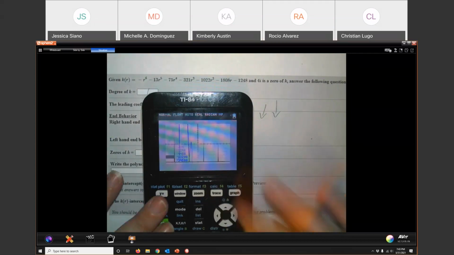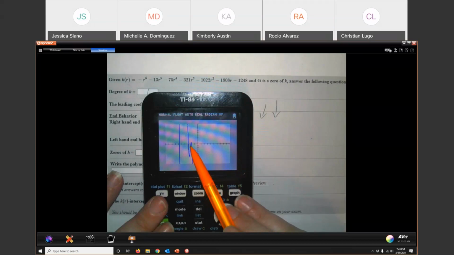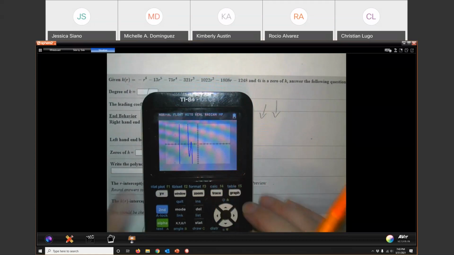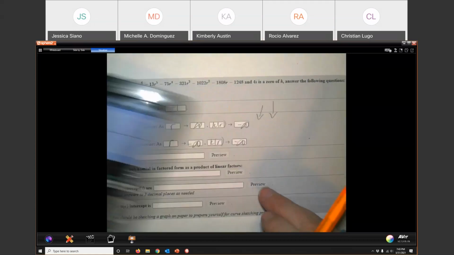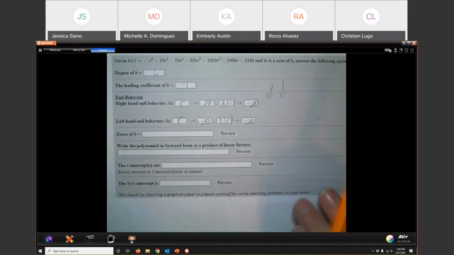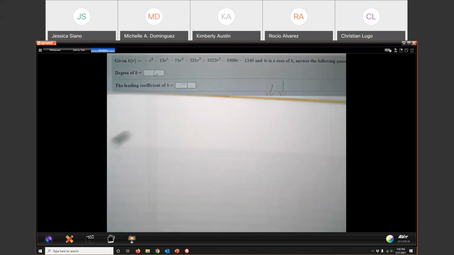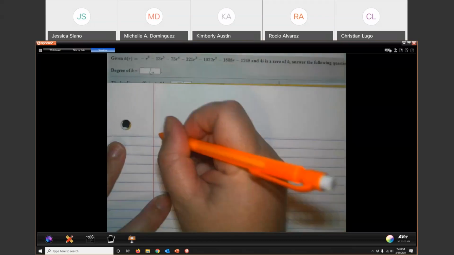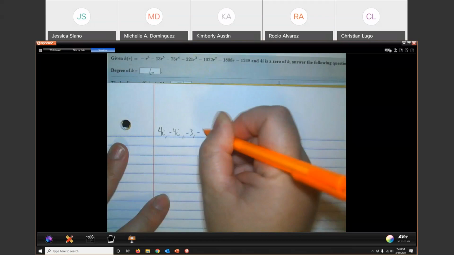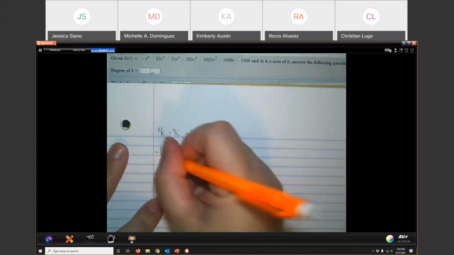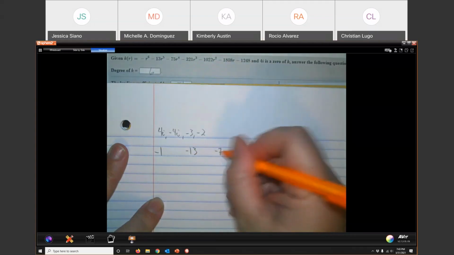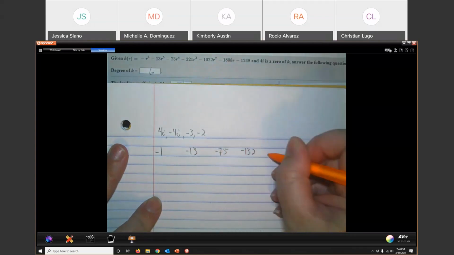Then it looks like I have another 0 in between -3 and -2, but the only ones that I know for sure are the ones at -3 and -2. And then I also know 4i, which means I also know -4i. So I know 4i, -4i, -3, -2.